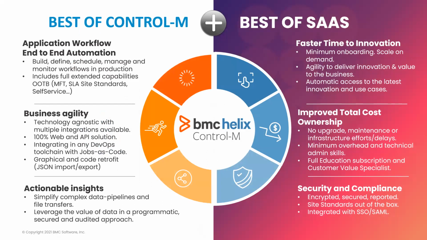The same best features are available, meaning you have application workflow end-to-end automation, allowing you to create, schedule, and manage your workflows. Business agility is there, meaning all the integrations available for on-prem are available in both versions. Ability to have JSON import and export when it comes to jobs as code and development of Control-M artifacts.